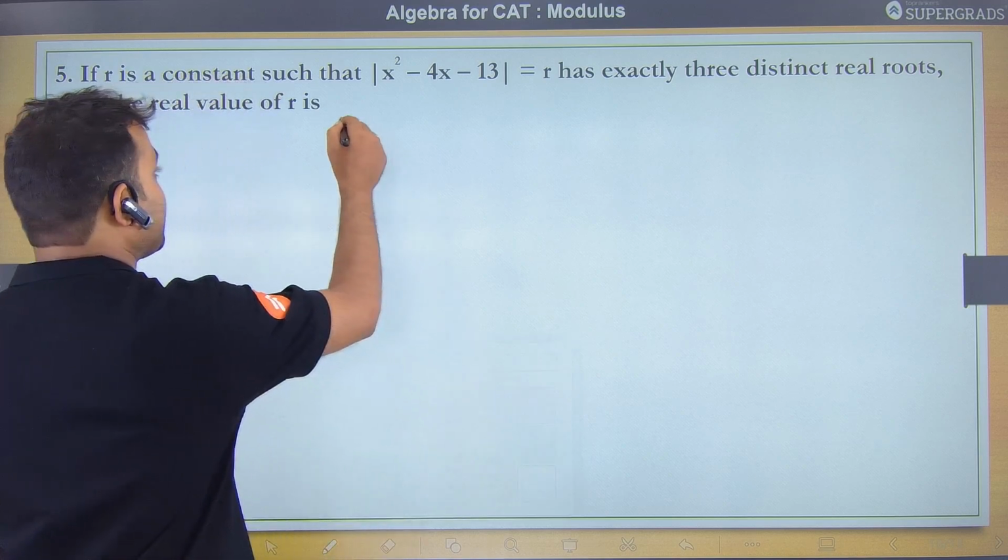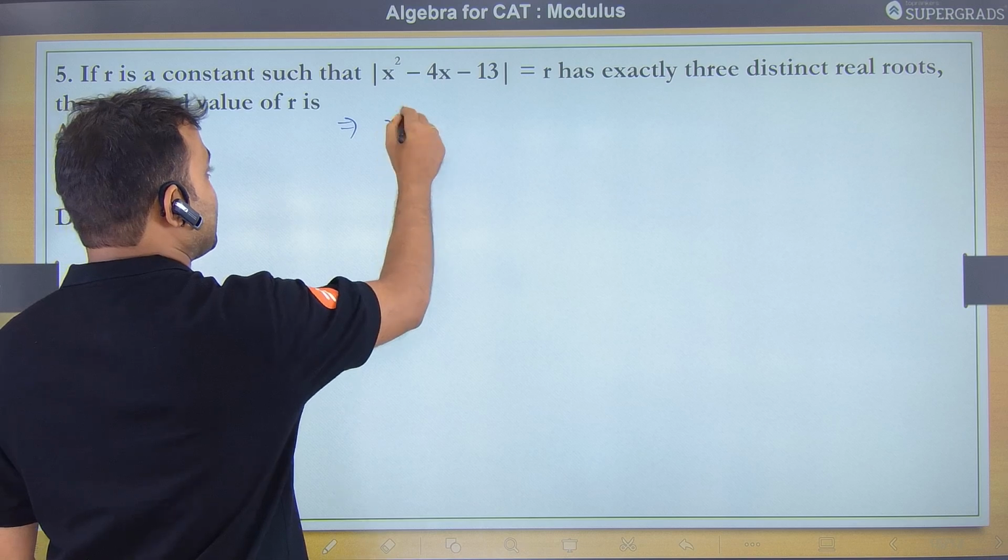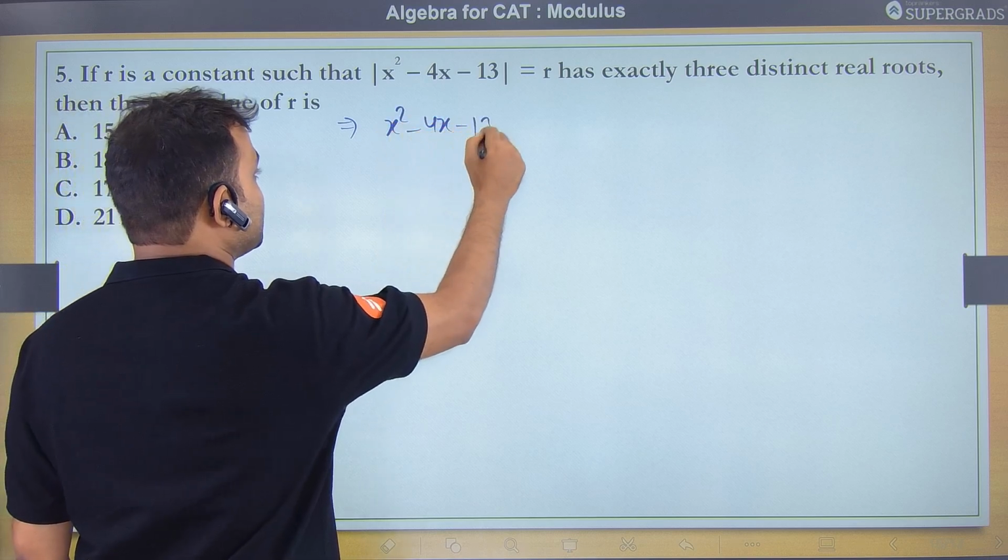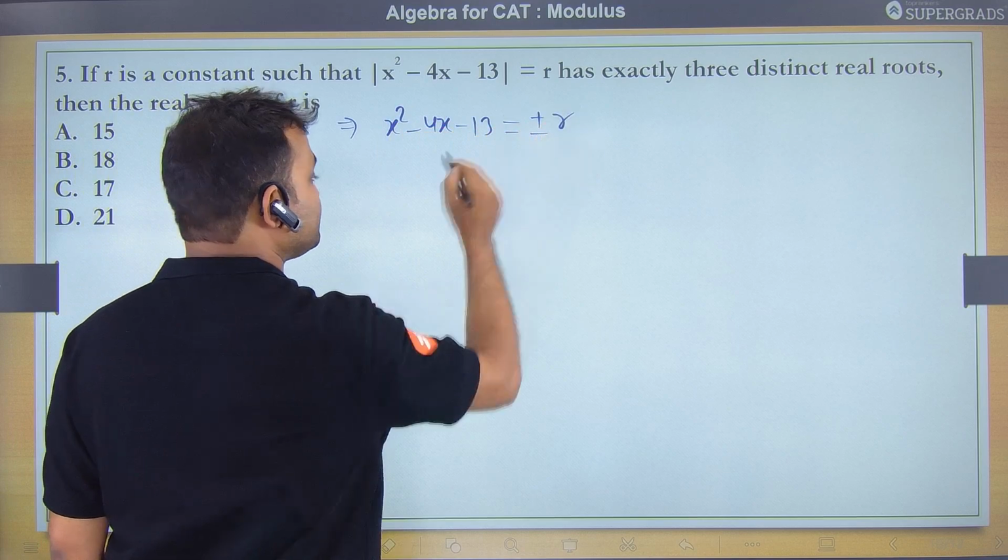So see, we can break this and write that x square minus 4x minus 13 is equal to plus minus r.